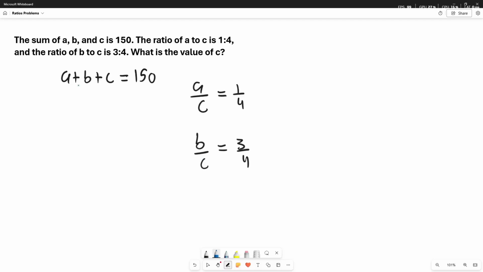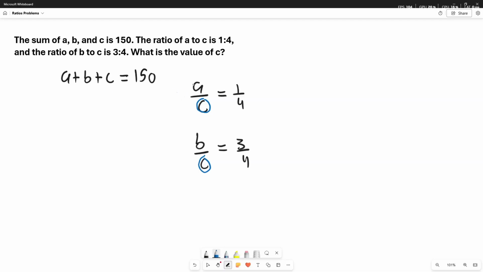Because both of these ratios have a common variable, and that's C. That is our common variable. So we can redefine A in terms of C. That way we can combine like terms at the end.